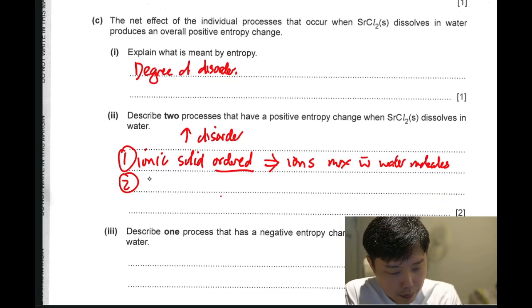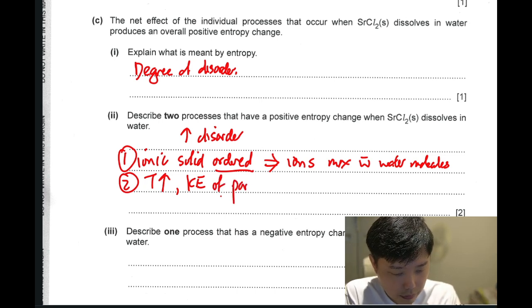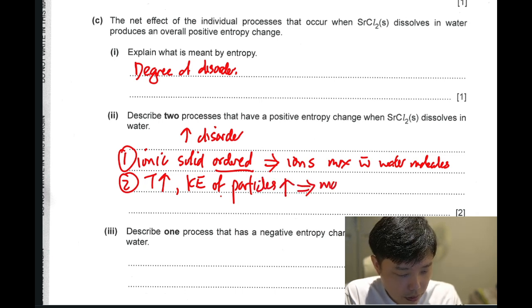Okay, so when temperature increases, the kinetic energy, I'm just going to put KE, you all understand, kinetic energy of the particles increases. So there's more ways to arrange your packets of energy.